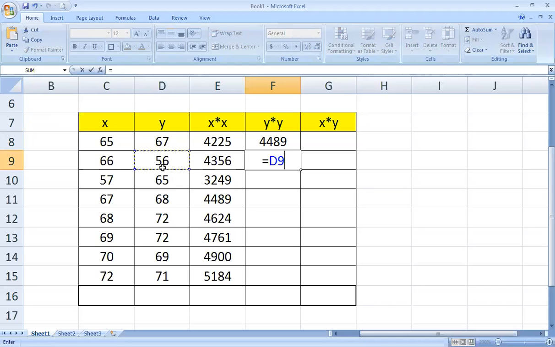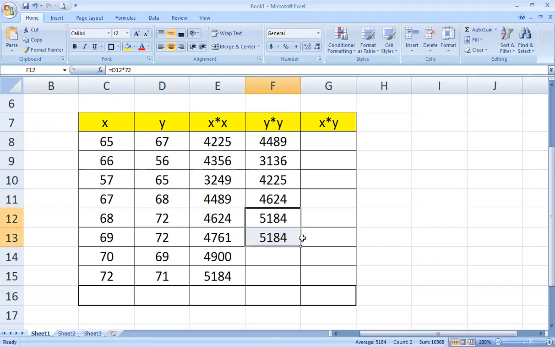Then 56 into 56, 65 into 65, 68 into 68, 72 into 72, that is 5184, then 69 into 69, then 71 into 71.